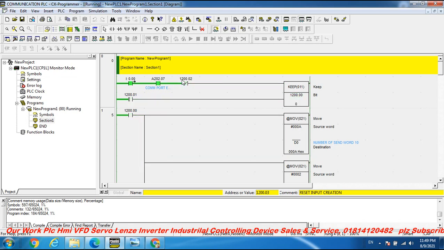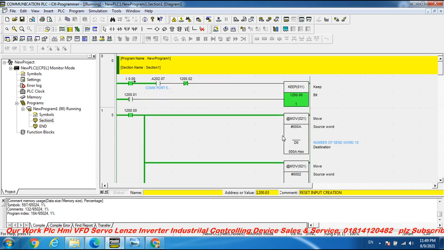Bit 1200.02 is an NC bit, a key function bit on off, and switch 1200.01 is the reset, keep reset.